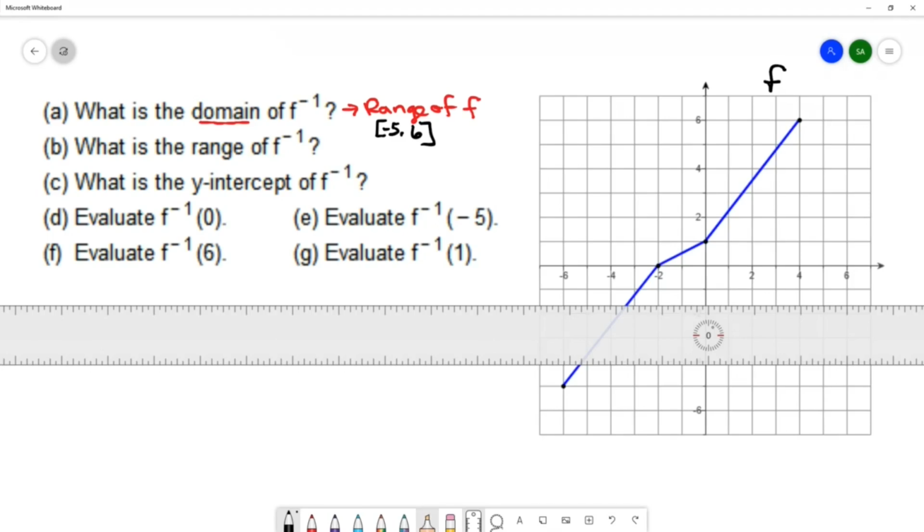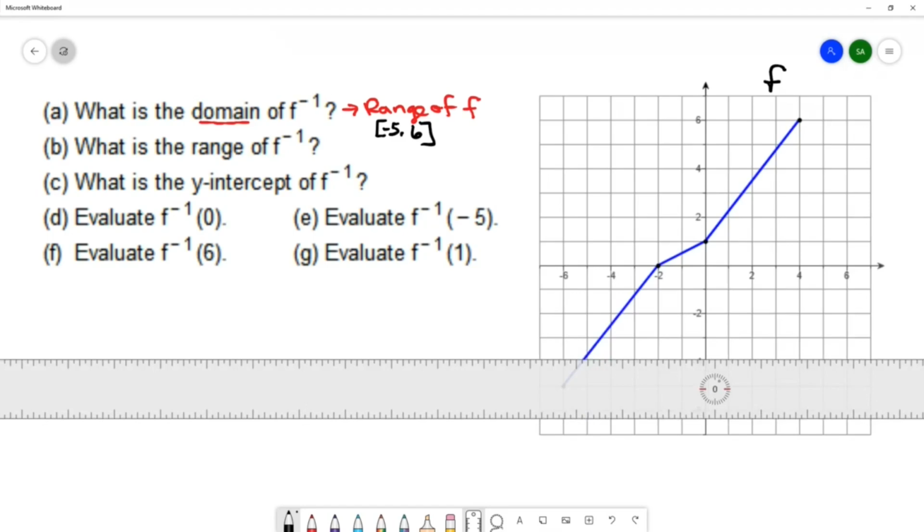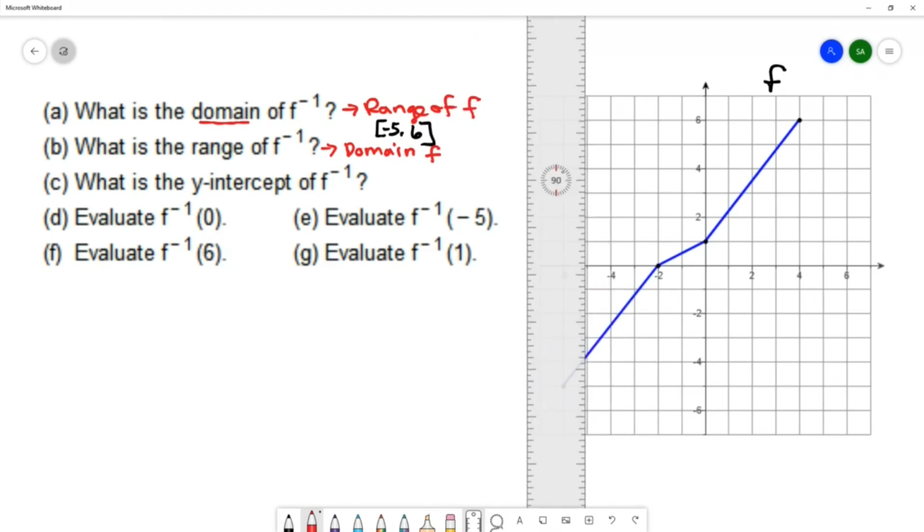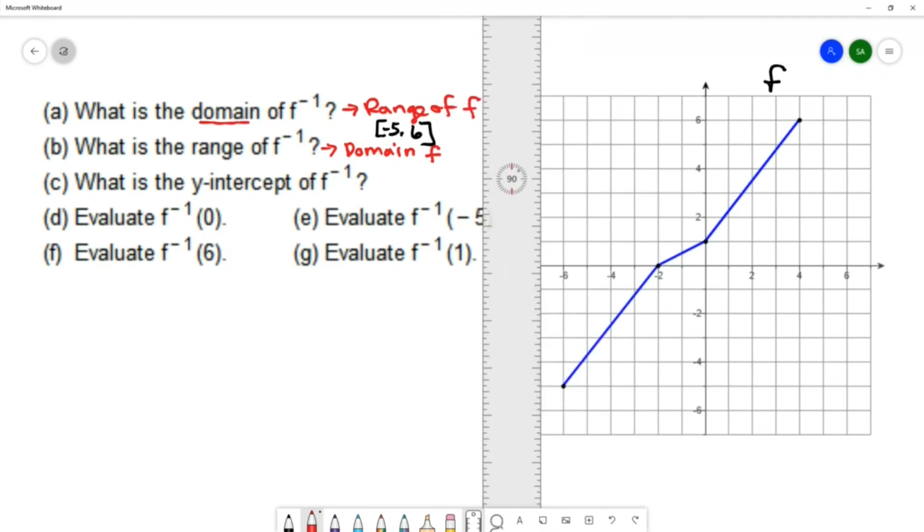So then we're asked to find, on the next part, what is the range of f inverse? So as we just said, the domain and range get switched, and the range of the inverse will be the same as the domain of f. So let me take my ruler, hold it vertically, and now we're going to be finding the x values, the domain of f.